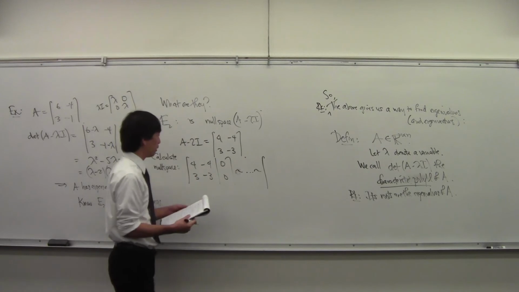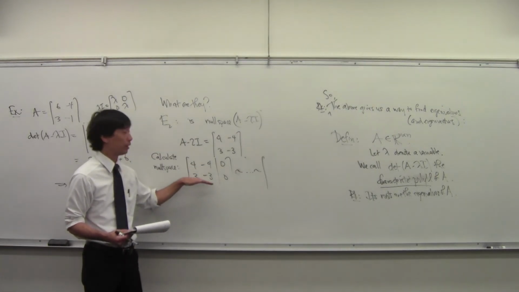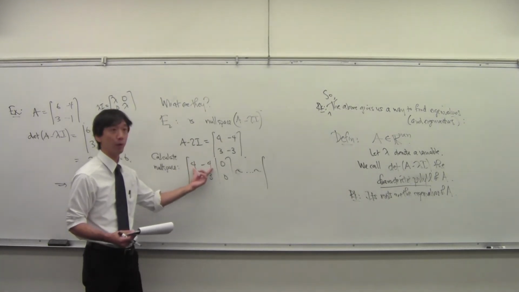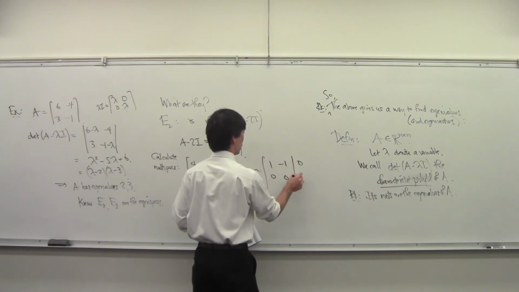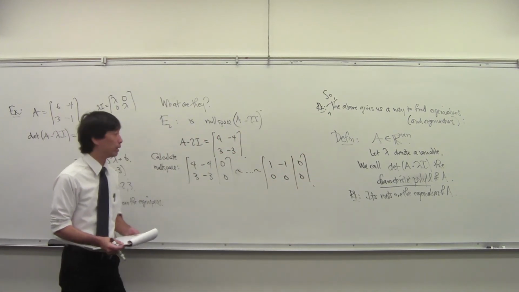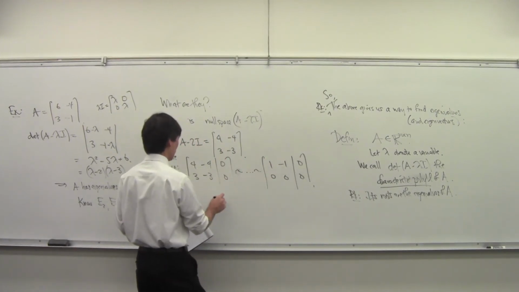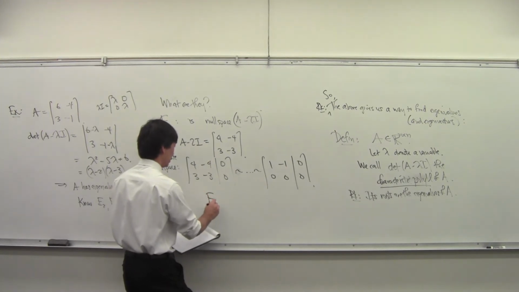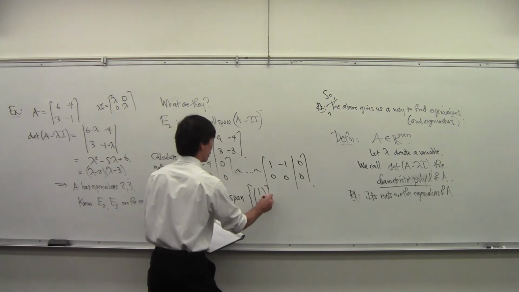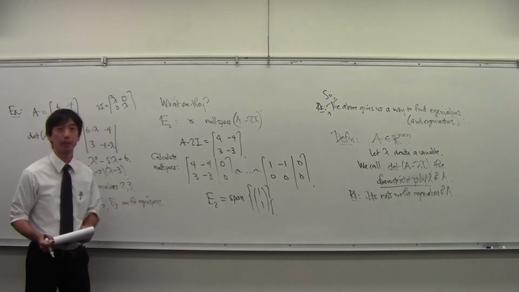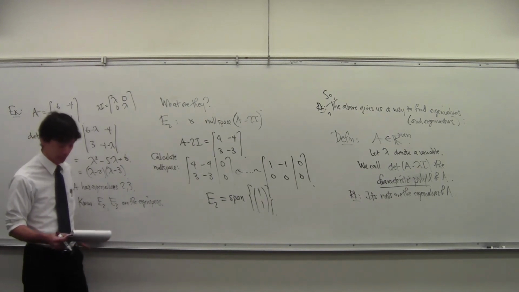These rows are dependent, so the second one is going to vanish, and the first one we can divide by 4 without changing the solution set. And so we see that x equals y, that E2 is the span of (1, 1).